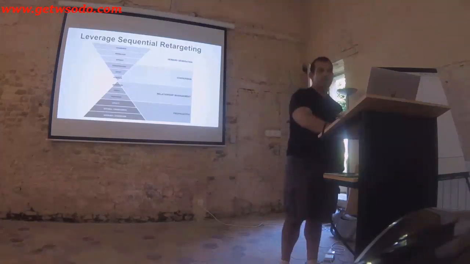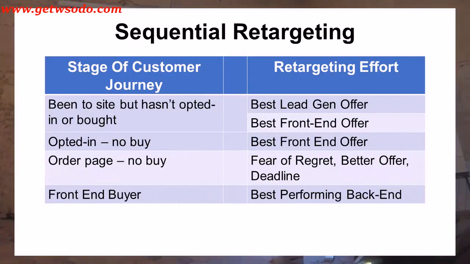Okay? So, for example, if they've been to your site but they haven't opted in or they haven't bought, then you can use retargeting for a lead gen offer to try and get their email address, or you can send them your best performing front-end offer.